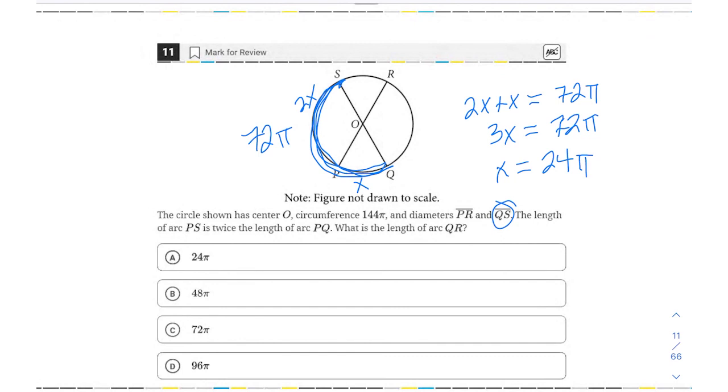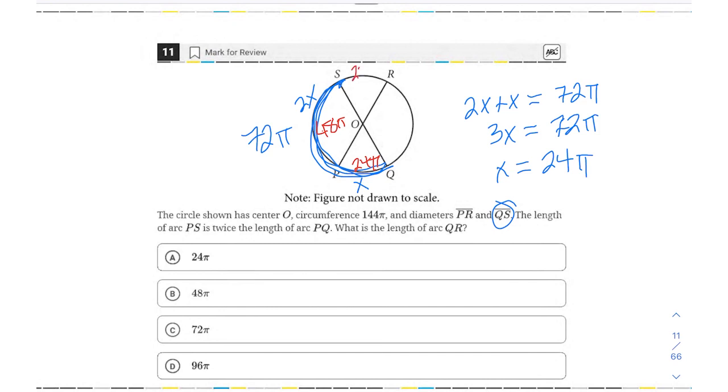So now we know that these smaller arcs would be 24 pi, and the larger parts would be 48 pi for that arc length. Since they're both diameters, it's the same relationship for SR and RQ.